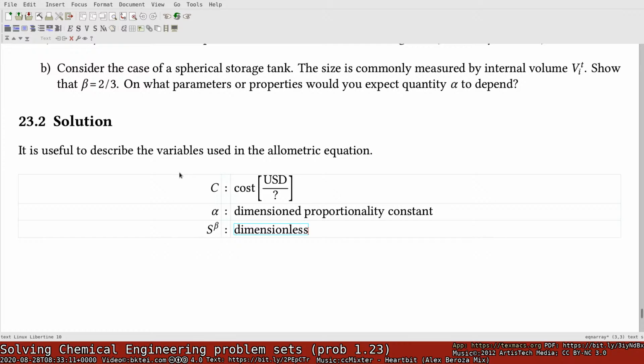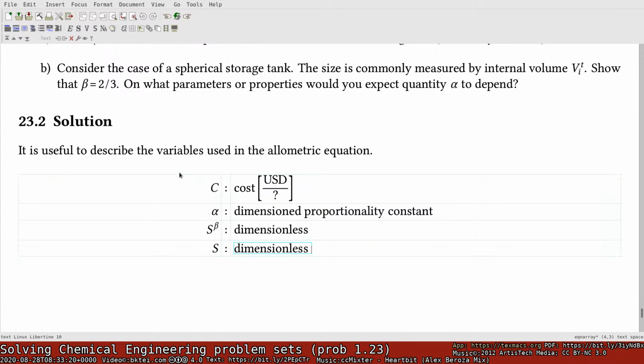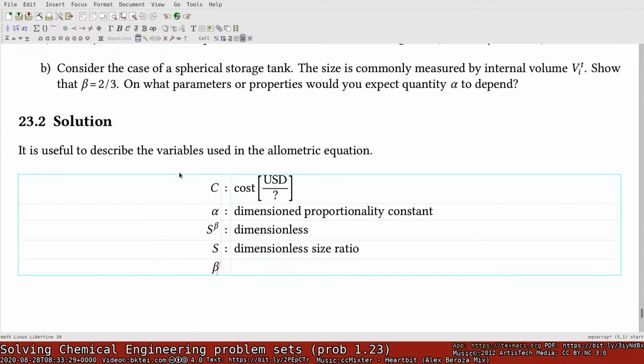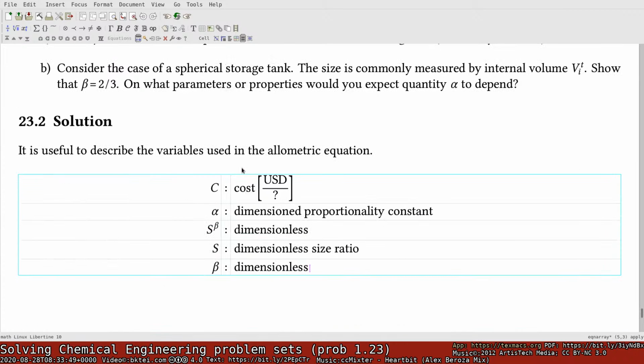And S itself is a dimensionless size ratio, and beta itself is just another dimensionless, what do they call it? They give it something, size exponent. Let's call this a size exponent.